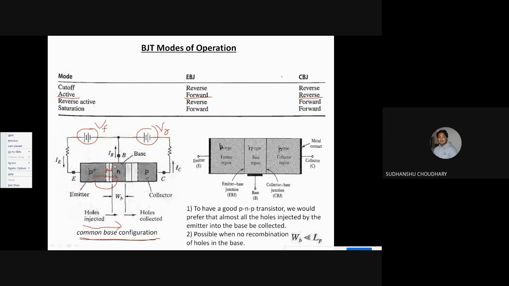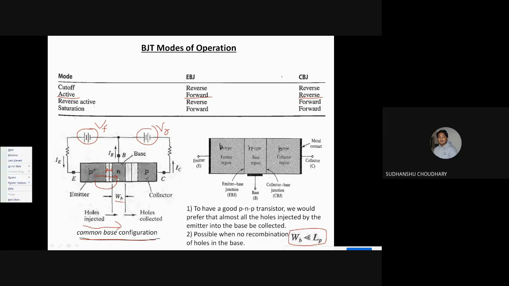Now, the width of this base, WB, has to be small. Why does it have to be small? In fact, it has to be less than the diffusion length of the holes.